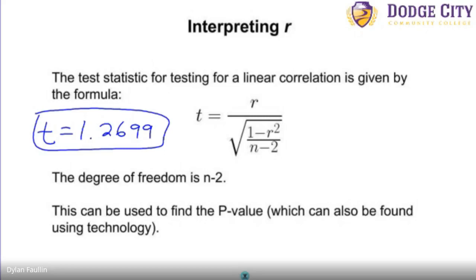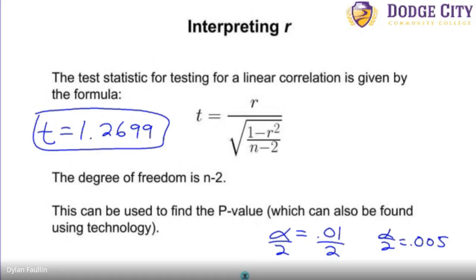Now what you could do is find the critical value for t. So the chart that I'm talking about has the critical values in terms of R. But you can also find the critical value in terms of t by, again, selecting an alpha, which, let's say, 0.01. It's always a two-tailed test for the linear correlation stuff. So alpha divided by 2 would be 0.005.